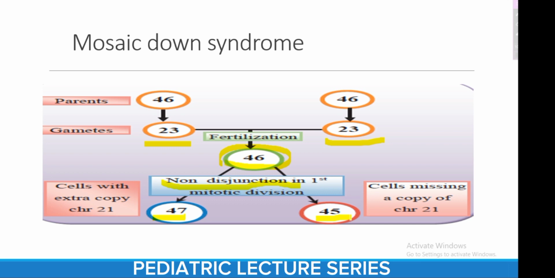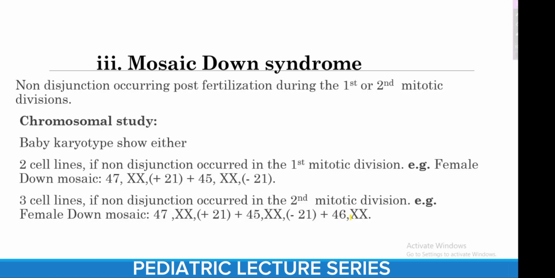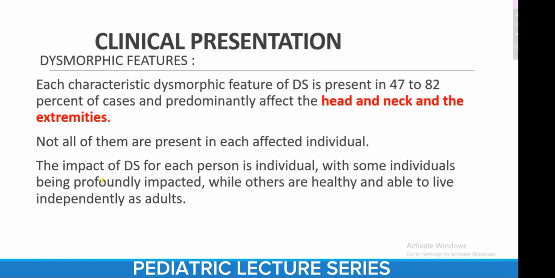So this process continues in this individual, and this individual grows up having two separate lines of cells within the same individual. So as explained here, non-disjunction occurring post-fertilization during the first or second mitotic division leads to the development of Down syndrome.